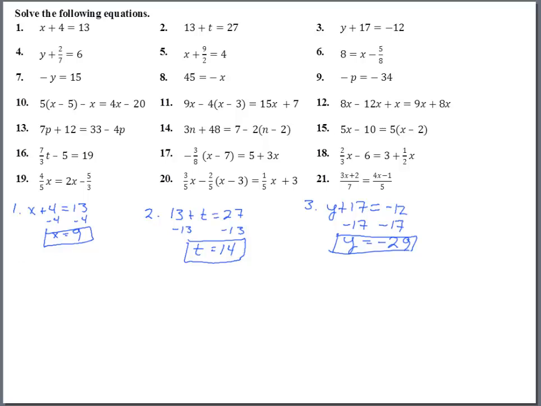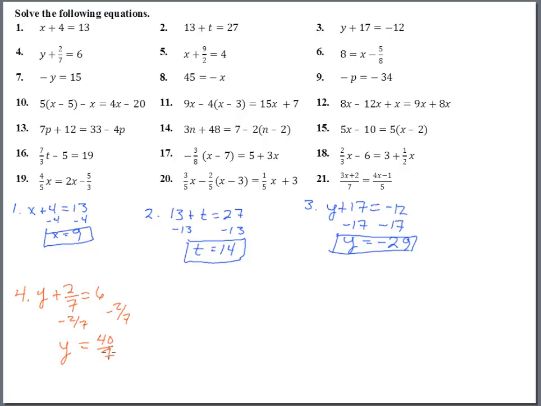Number 4, y plus 2 sevenths equals 6. So subtract 2 sevenths. y equals, now 6 is the same as 42 sevenths, so 42 sevenths minus 2 sevenths will give us 40 sevenths.